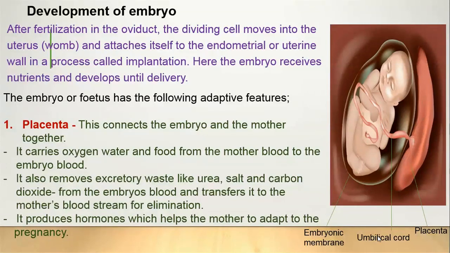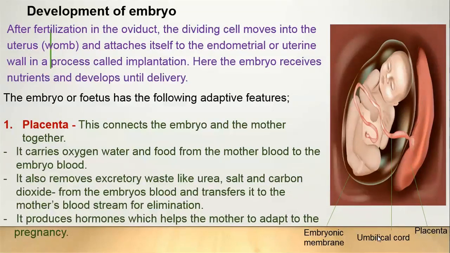Now the embryo or fetus has the following adaptive features. For it to be able to develop and survive in the womb, it needs number 1, the placenta. Now this connects the embryo and the mother together. The functions of the placenta: number 1, it carries oxygen, water and food from the mother's blood to the embryo's blood.